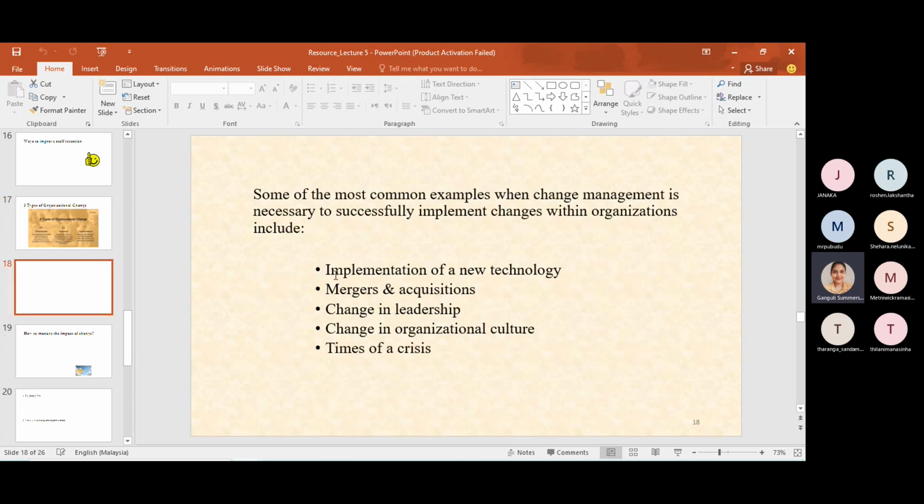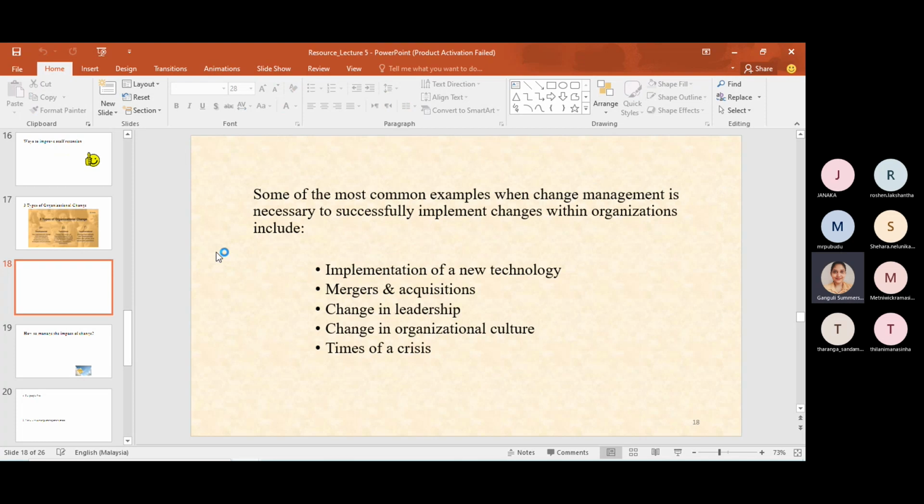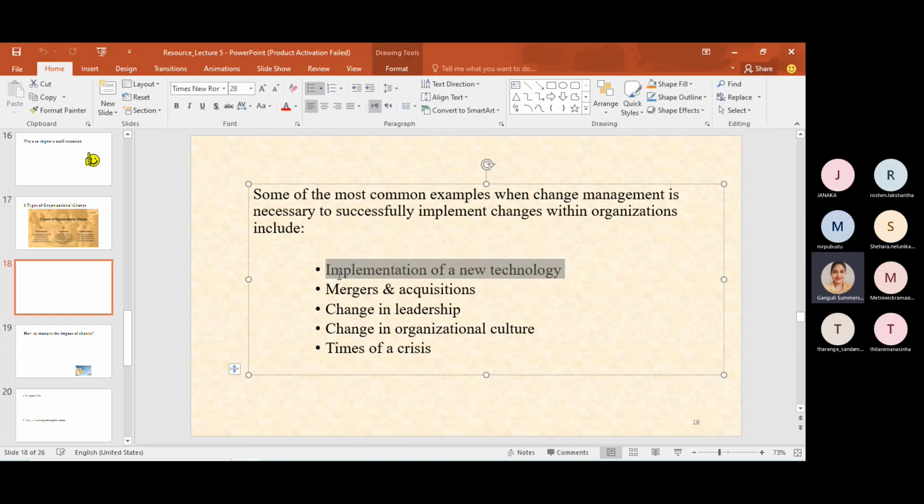And we also discussed that there are certain reasons why organizations need to go through changes. So these are the reasons why organizations might undergo changes.